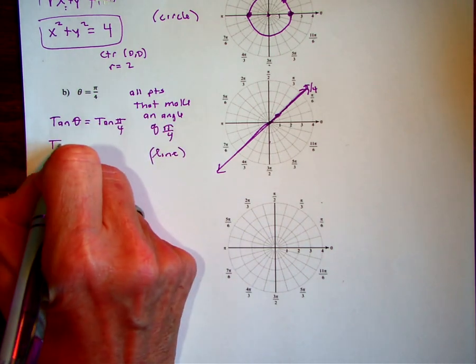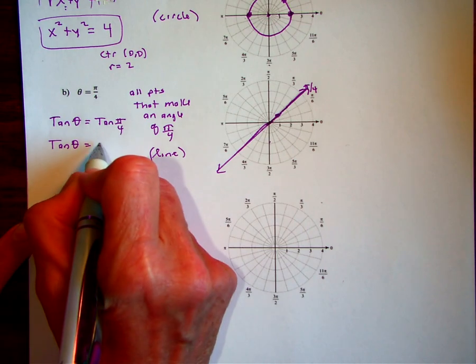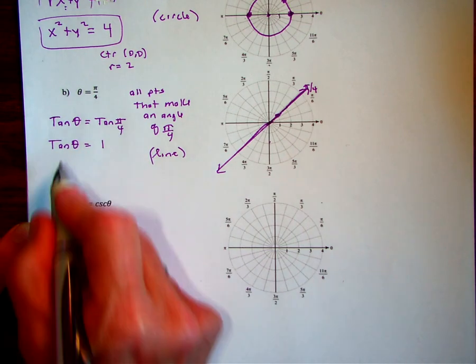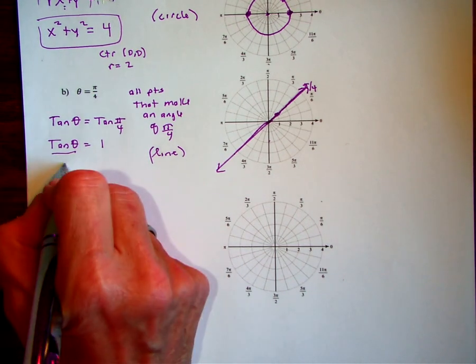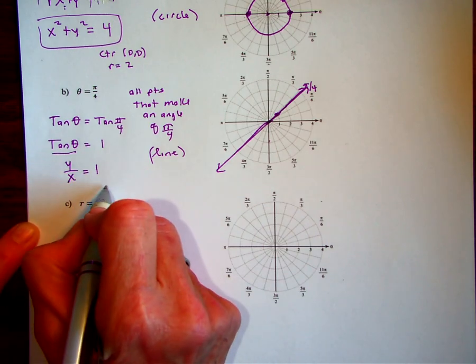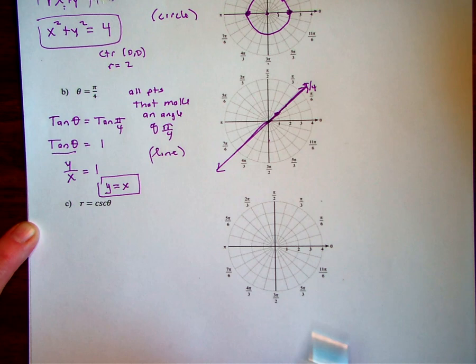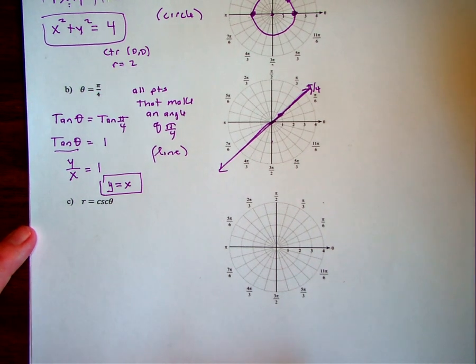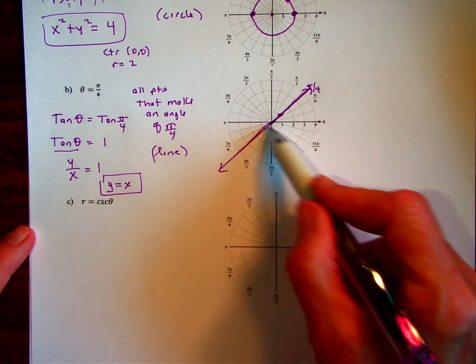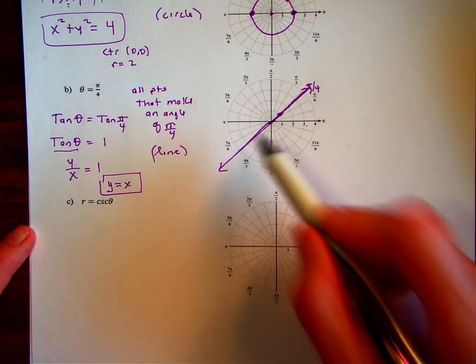So the tangent of theta would equal the tangent of pi over 4 is 1. And tangent of theta is y over x. And if I cross multiply, I get y is equal to x. A line right through the origin. You can kind of visualize there's the coordinate plane right through the origin in between the quadrants.